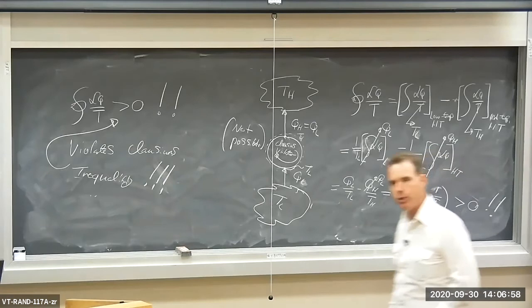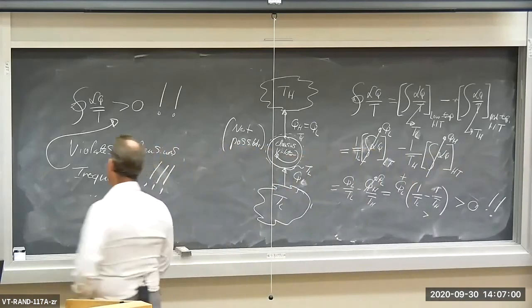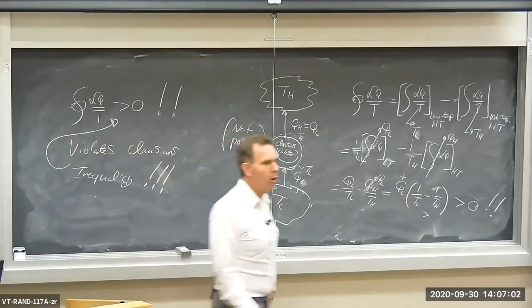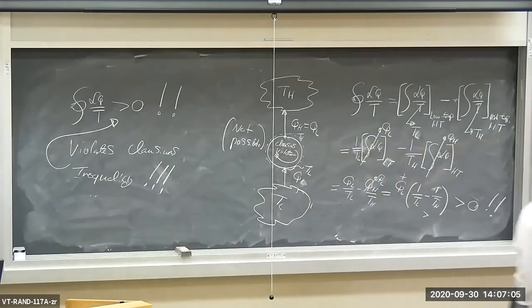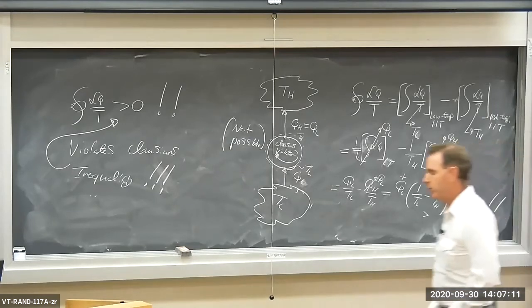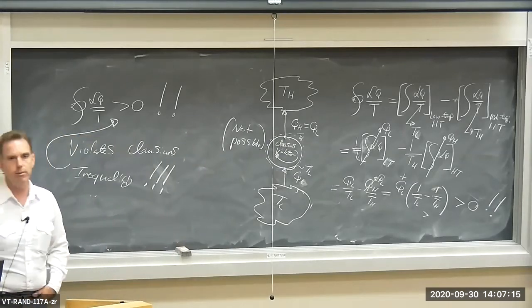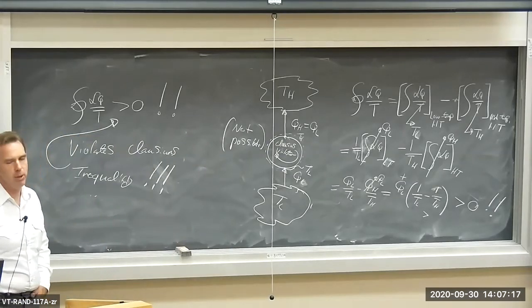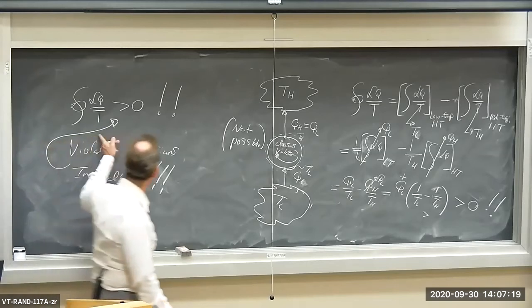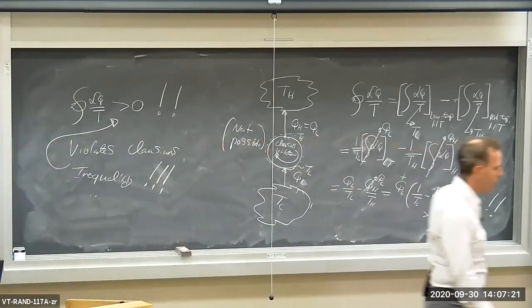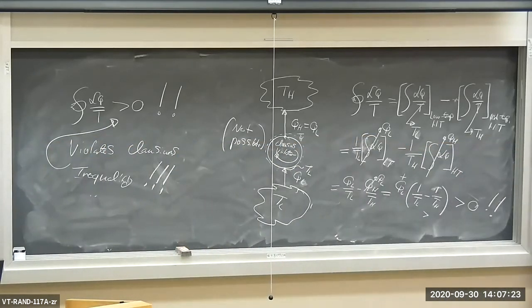That's pretty easy to do. There's only one heat interaction. You'll get Q over T. Q is positive, T is positive, so you'll get a single heat transfer term, and this cyclic integral will be positive. So with the Kelvin-Planck violator, you'll also get that this cyclic integral is positive, which is a violation of the Clausius inequality.